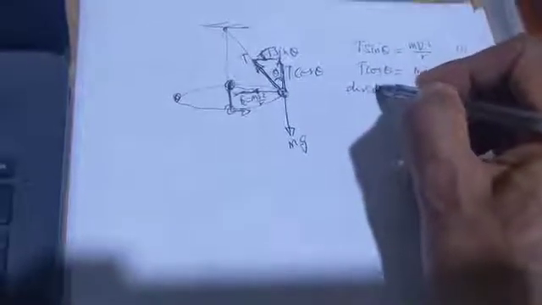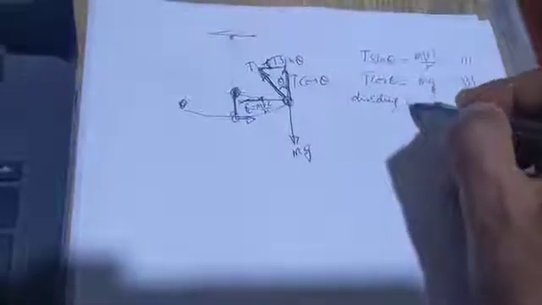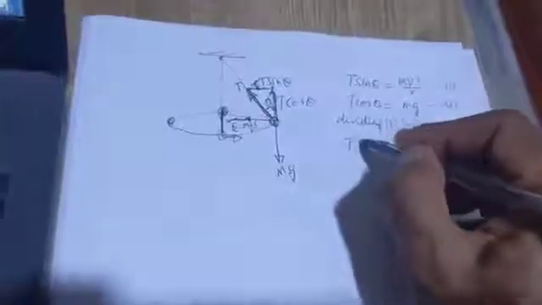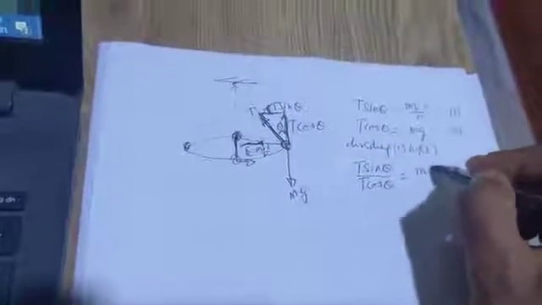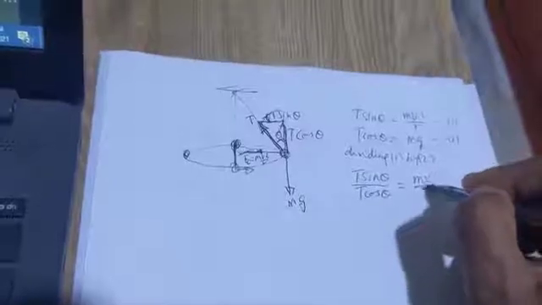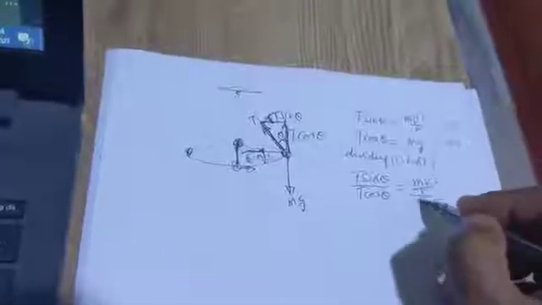Therefore, dividing equation 1 by 2: T sine theta over T times cos theta is equal to mv squared over r divided by mg. T is cancelled here.